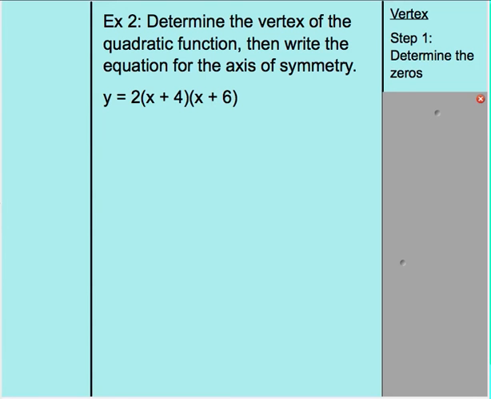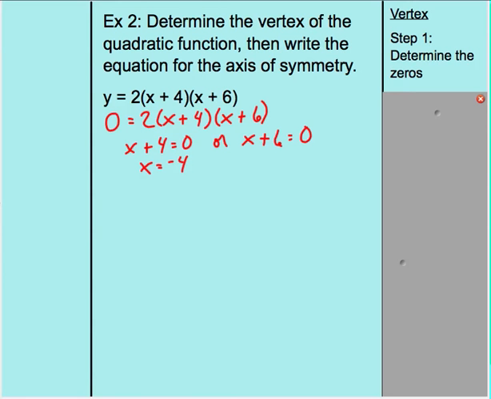So we're going to replace y with 0. The 2 can't equal 0, so we don't even worry about that. Set x plus 4 equal to 0, and x plus 6 equal to 0. First equation, subtract 4 from both sides. Second equation, subtract 6 from both sides.